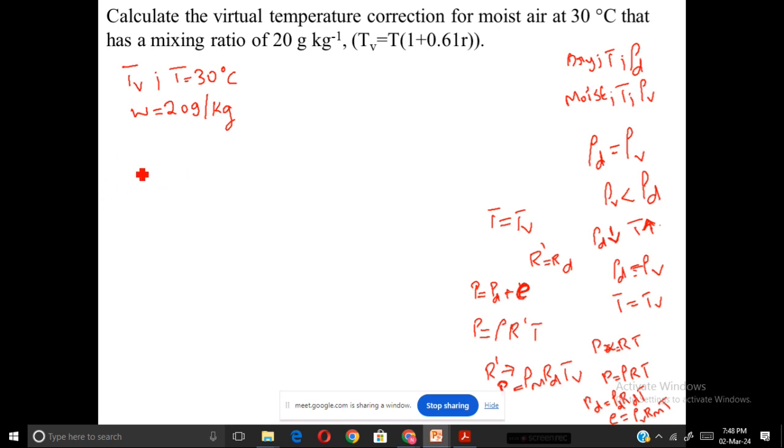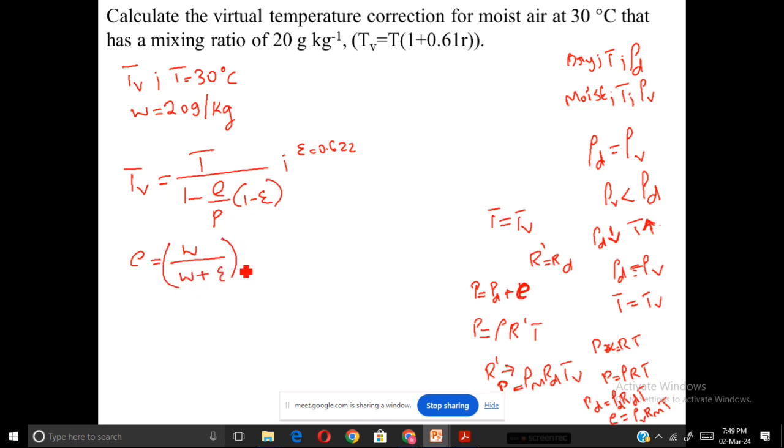If you remember, the equation of virtual temperature that we learned was TV is equal to T by 1 minus E by P into 1 minus epsilon, where epsilon is equal to 0.622. Now, we just learned that E is equal to W by W plus epsilon into P, that is vapor pressure in terms of mixing ratio.